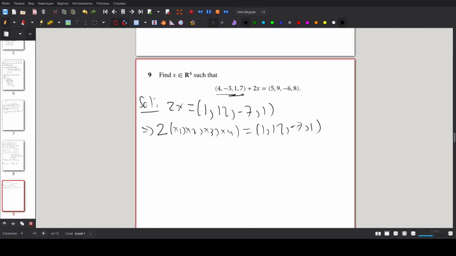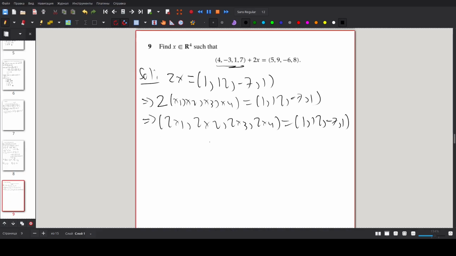Okay, because this was a property, or a definition, basically, or a proof. I think it was a proof. It was an example, but basically when you have a scalar like this, you can just distribute it to each of these things. So this is going to be 2x1, 2x2, 2x3, 2x4 equals 1, 12, negative 7, 1.